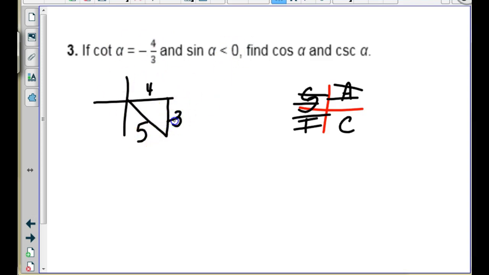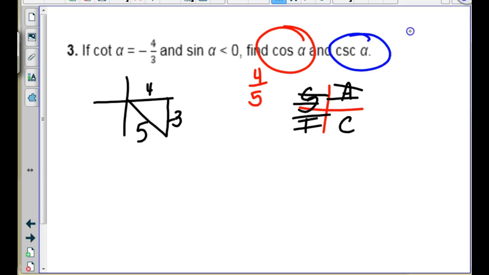The sine is negative. Okay, so what's the cosine here? Yep. And the cosecant is hypotenuse over what? Over opposite. Yeah, it's because it's the flip of sine. So it's negative 5 over 3, 5 over negative 3, whatever.